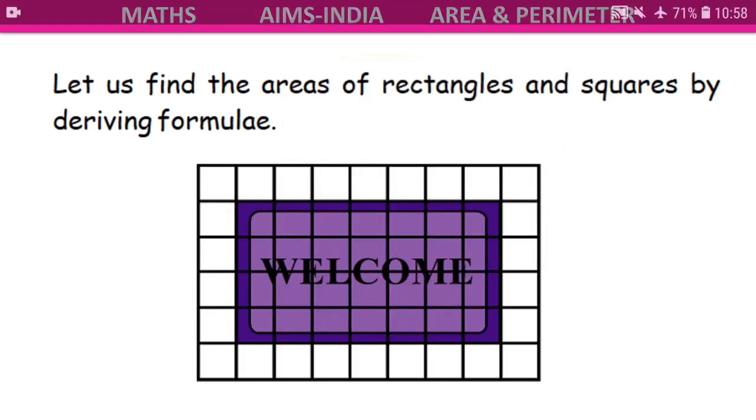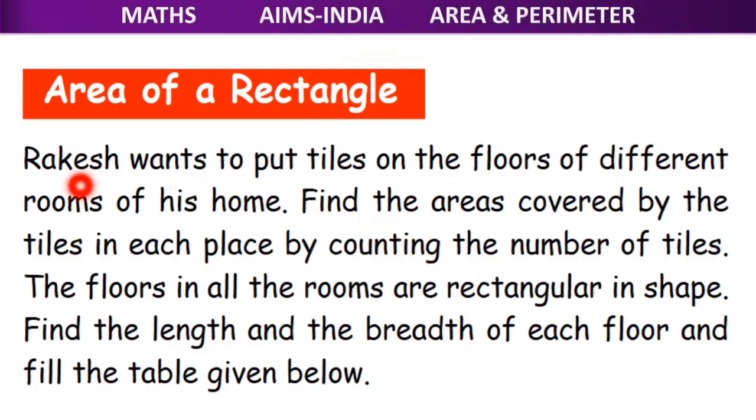Is this clear? Now coming to the area of a rectangle. Rakesh wants to put tiles on the floors of different rooms of his home. Find the areas covered by tiles in each place by counting the number of tiles. The floors in all the rooms are rectangular in shape.